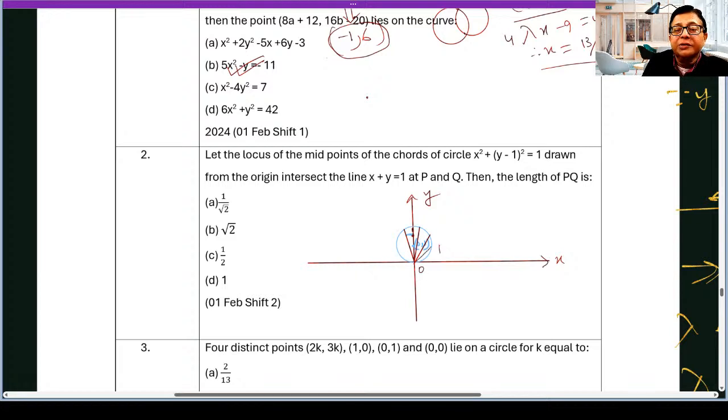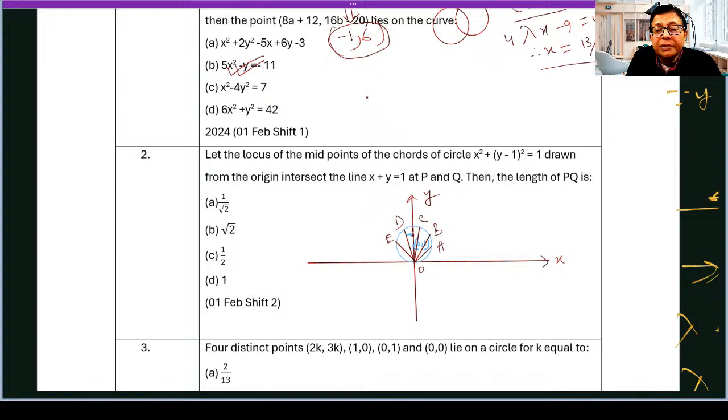All these, O, A, B, C, D, are chords. Locus, you have to focus for competitive exams. Locus is very important. Locus means the path traced out by a point under a given condition.